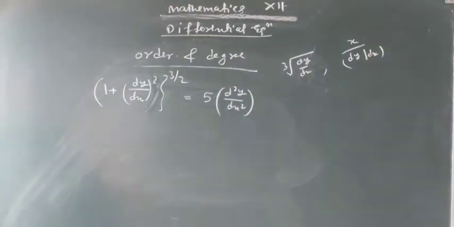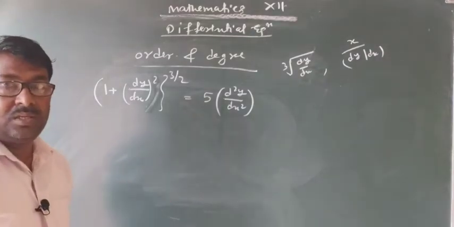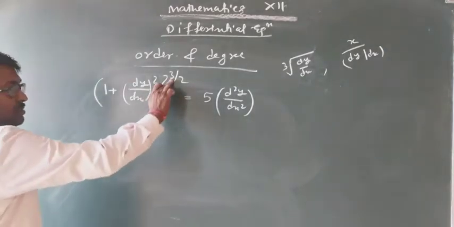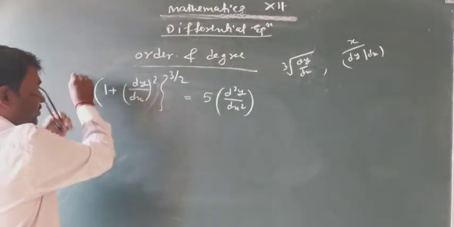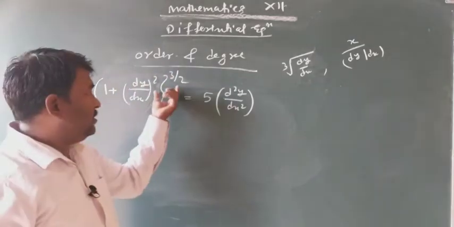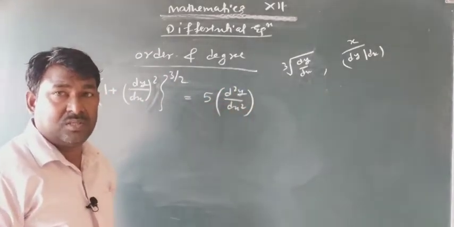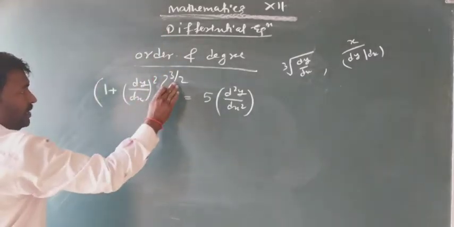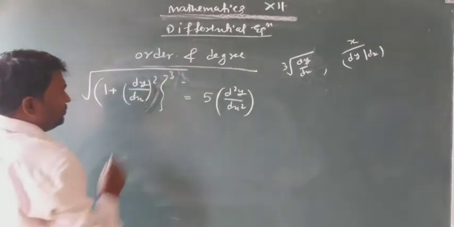Okay. Now, if you have to find its order and degree, how will you do it? Just see, here the power is 3 by 2, which means you can write it as a root of this cube. So first of all it has a radical, so you have to remove the radical first. How will you remove it? It can be written as the square root of this one.